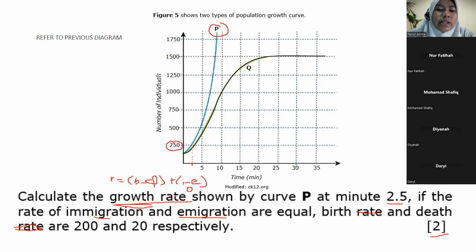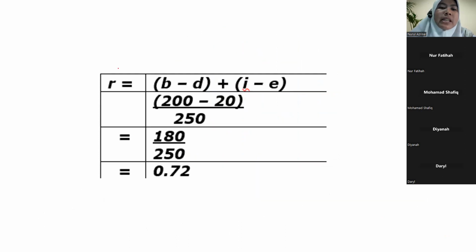So, what is your answer? 0.72. Yes, 0.72. You can see here. Writing formula 1 mark. Okay. So, ni 1 markah, ni 1 markah, ni 1 markah. Right. So, maximum 2 marks. Okay. Right.